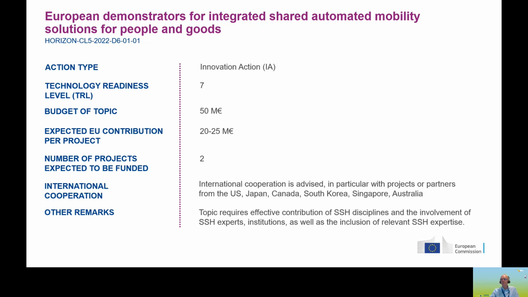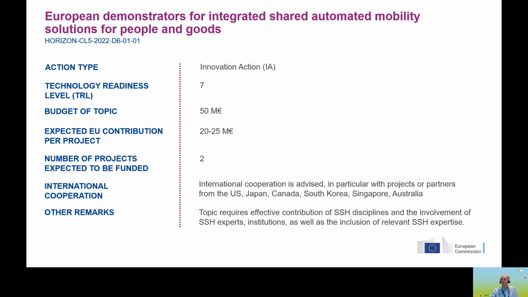So now on the next slide, you see more details on this topic. So the project is an innovation action. That means the focus of the action should be clearly on testing, demonstrating, and piloting new technologies.